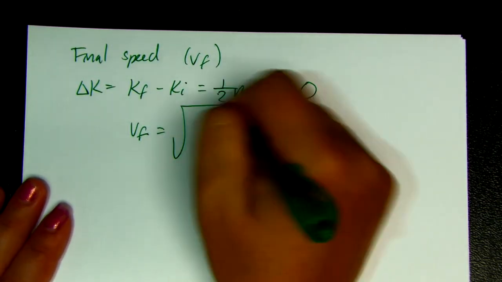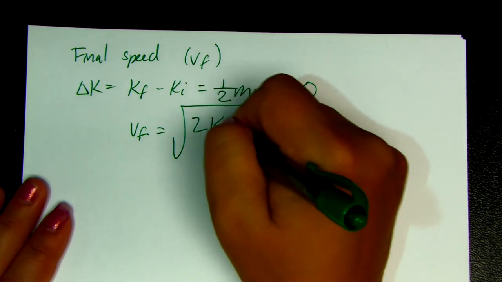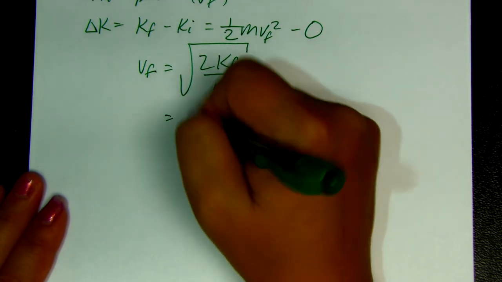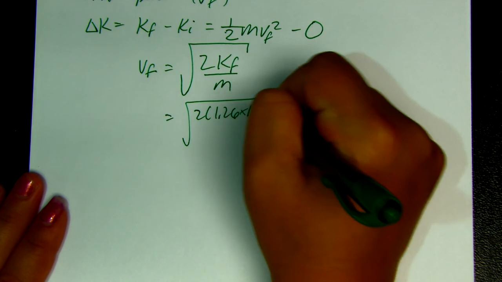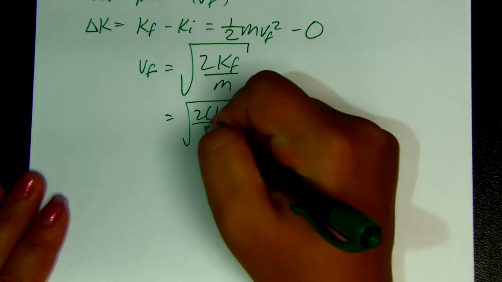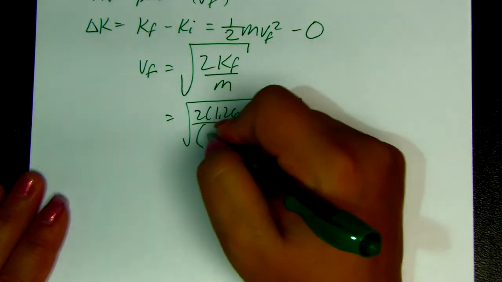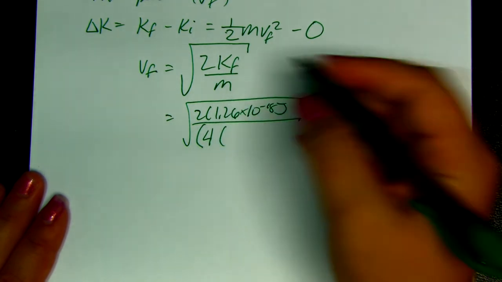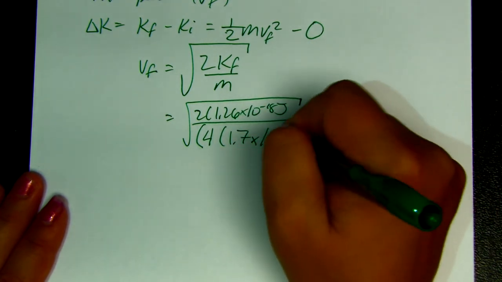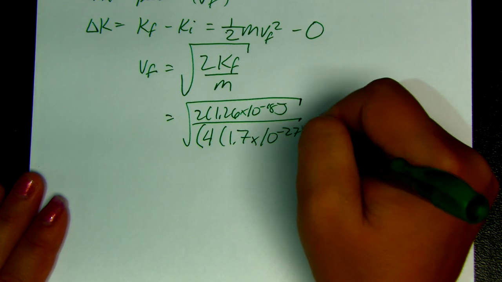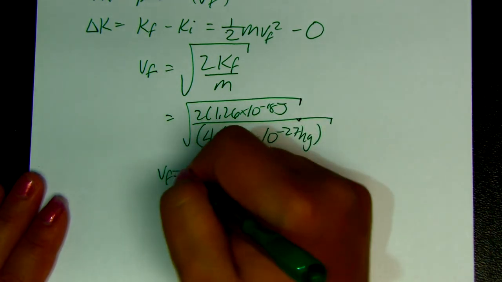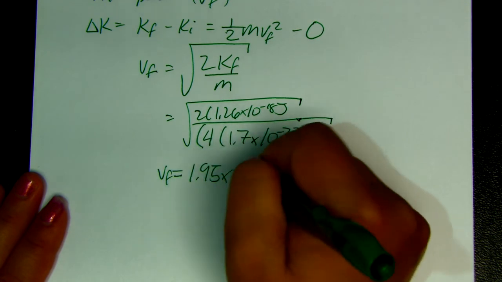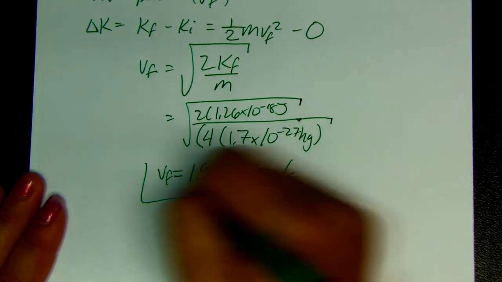So v final is the square root of 2 times K final over m, which is equal to 2 times 1.26 times 10 to the minus 18 joules over 4 times the mass, so 1.7 times 10 to the minus 27 kilograms. And so our final velocity is equal to 1.95 times 10 to the 4 meters per second.